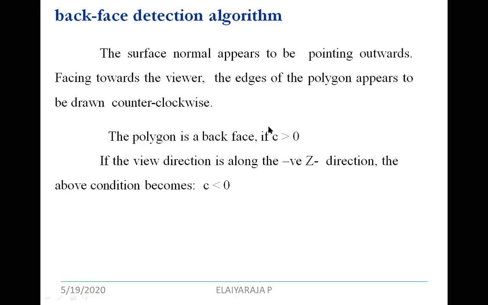Suppose the polygon is back face if C is greater than 0, then your viewing direction is along the negative Z direction from the viewer point, and the above condition becomes C less than 0. This is about your back face reduction algorithm.